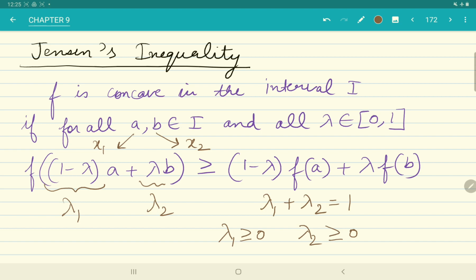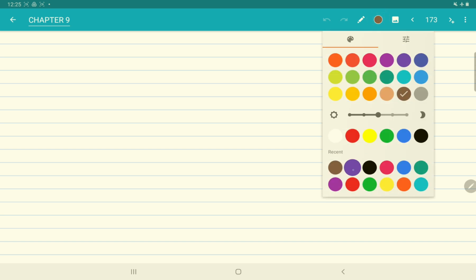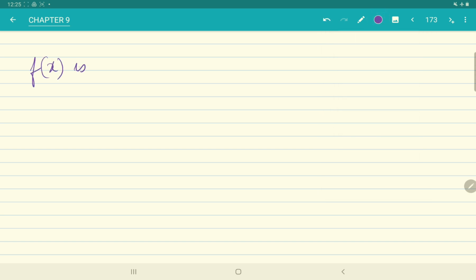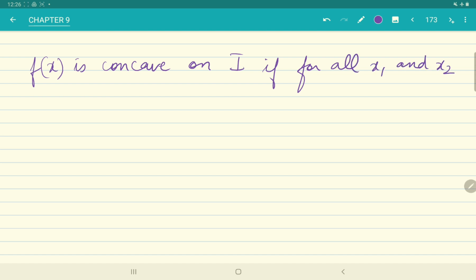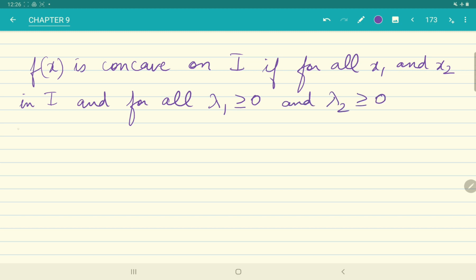So given this, I can now rewrite this definition in this manner: f of x is concave on I if for all x1 and x2 in I and for all lambda 1 greater than or equal to 0 and lambda 2 greater than or equal to 0 with lambda 1 plus lambda 2 equal to 1, we have this.